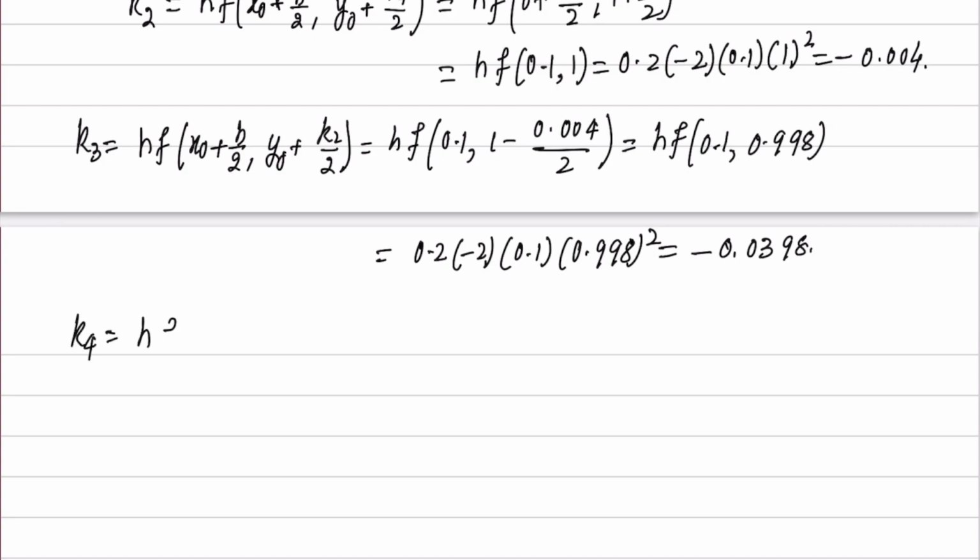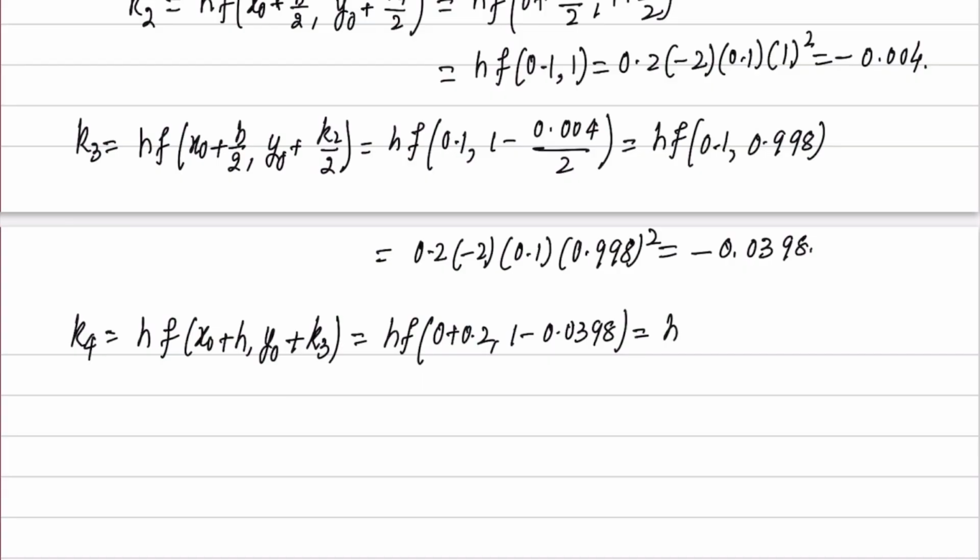Similarly, we can calculate k4. By definition, it is equal to h f of x naught plus h, y naught plus k3. So this becomes h f of 0 plus 0.2, y naught is y1 minus 0.0398. So this is equal to h f of 0.2 comma 0.9601.